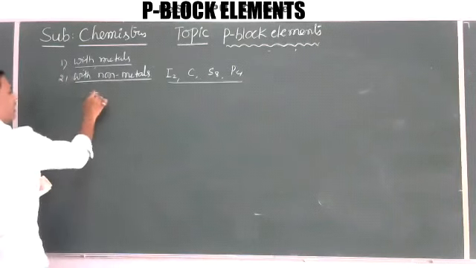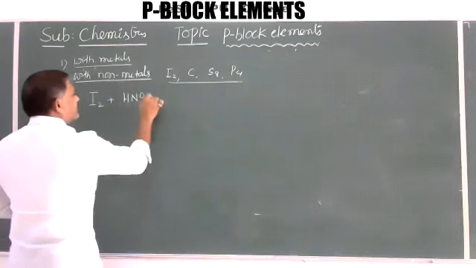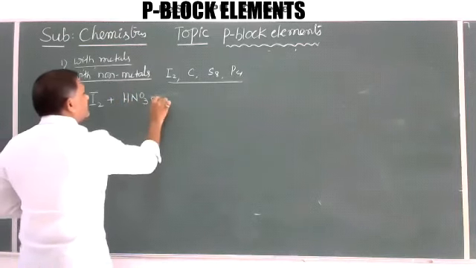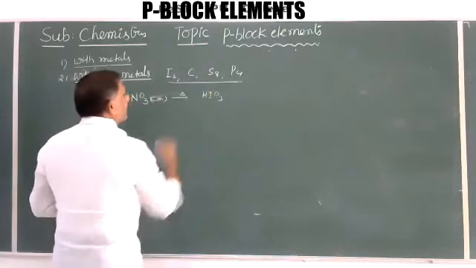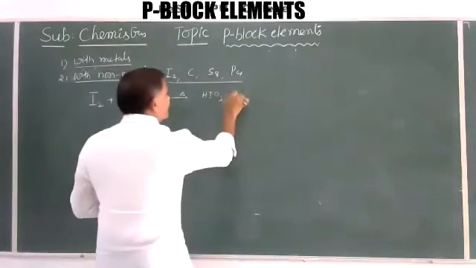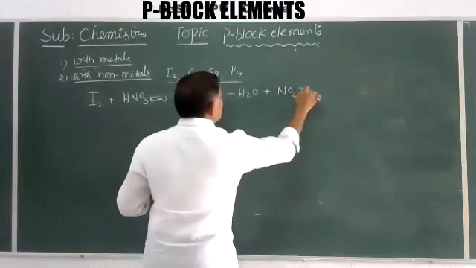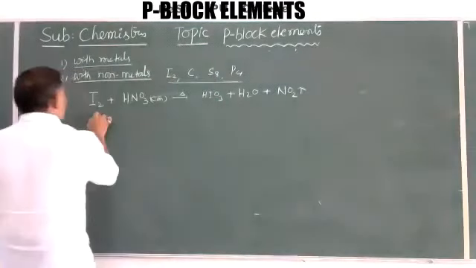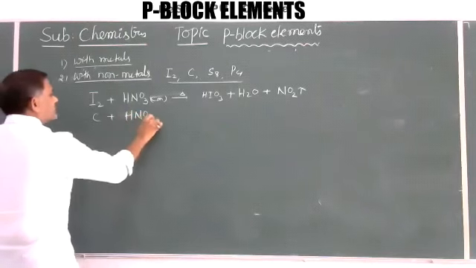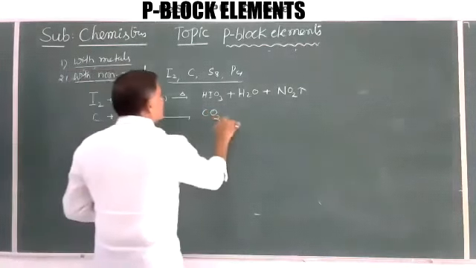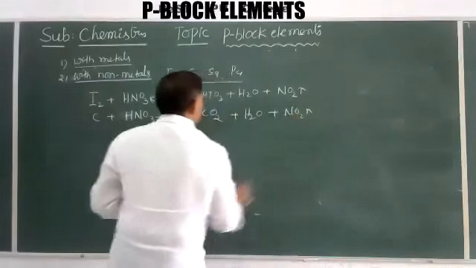For example, here I2 is reacted with concentrated nitric acid. On heating, we'll get HIO3, iodic acid, plus water plus nitrogen dioxide. Carbon reacts with HNO3, nitric acid, and gives carbon dioxide plus water plus NO2 gas.